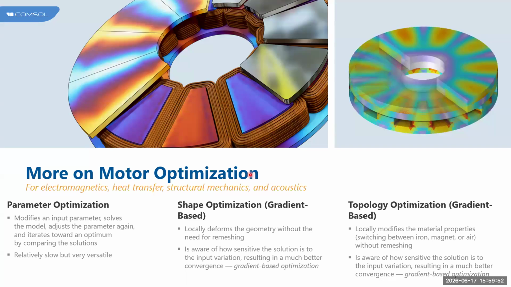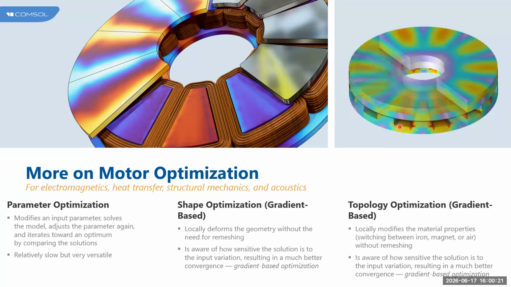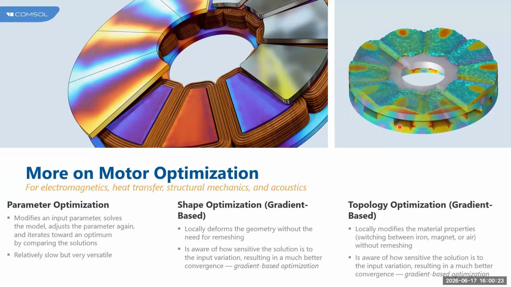So one objective might be to minimize the total mass of the structure, or to remove the material out from the geometry, whereas the other objective can be to maximize the magnetic performance. And you can also have other objectives like to minimize the temperature or minimize the noise, etc. So you can have multiple objectives defined so that you can derive the best possible product from a motor design point of view.